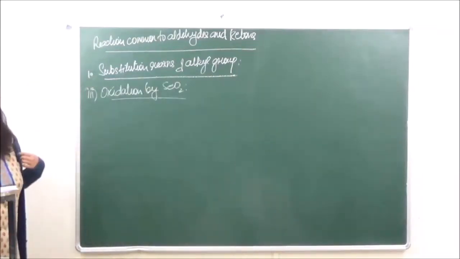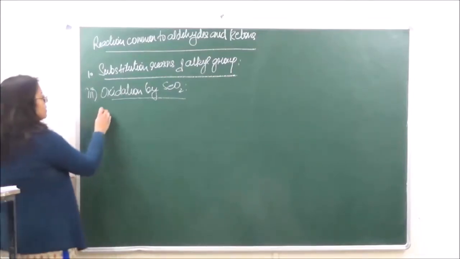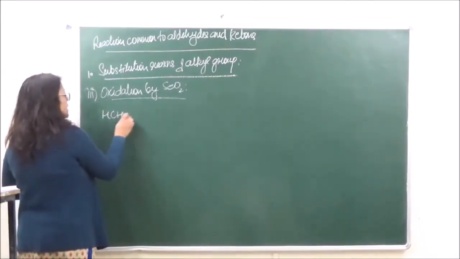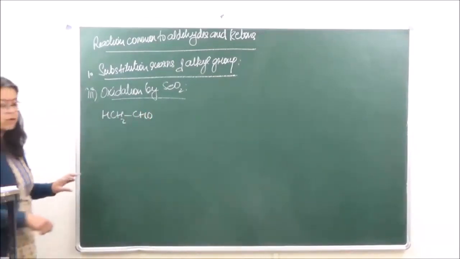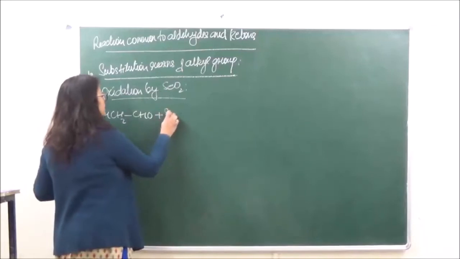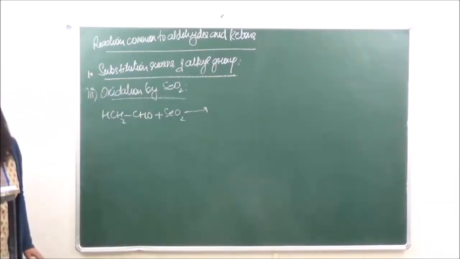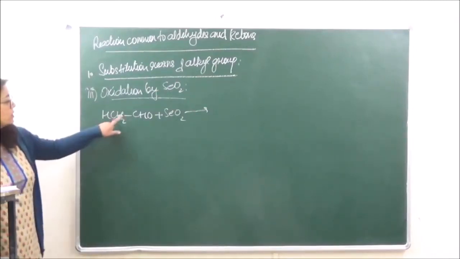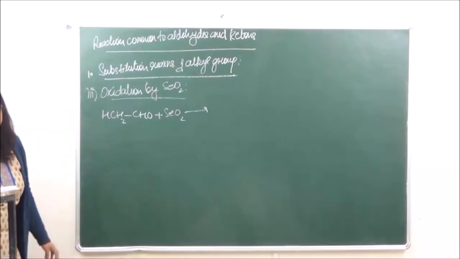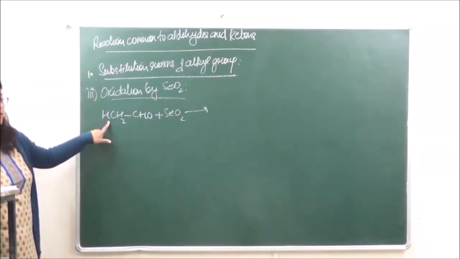Oxidation by selenium dioxide. So over here we are taking an acetaldehyde CH3CHO. When we oxidize it with selenium dioxide, we are going to get over here glyoxal. Both these carbons are going to get oxidized, and more specifically the alpha carbon which is going to get oxidized.